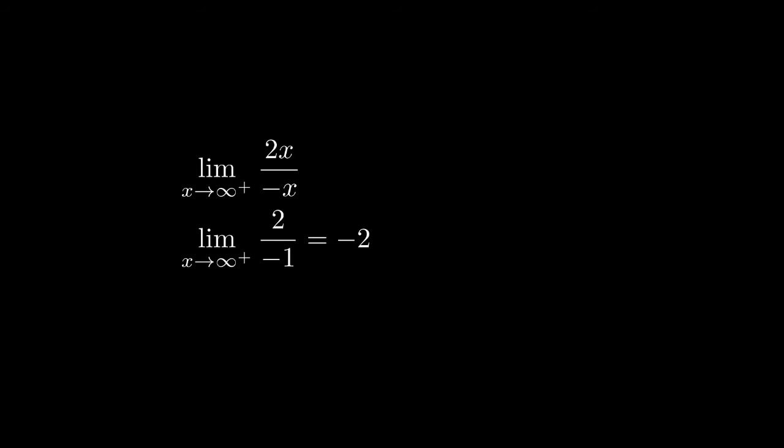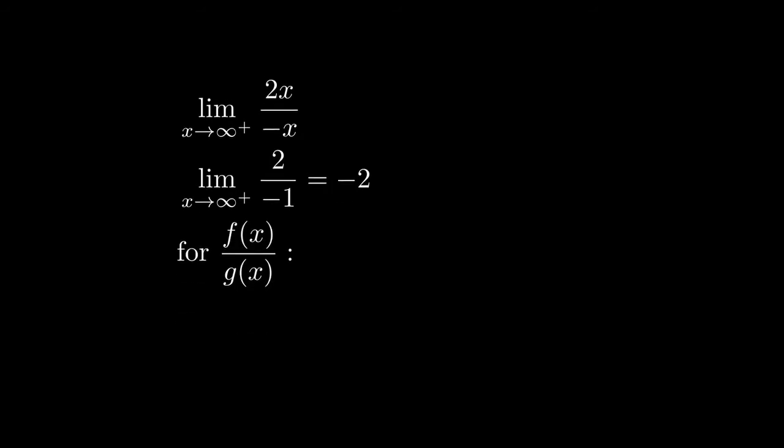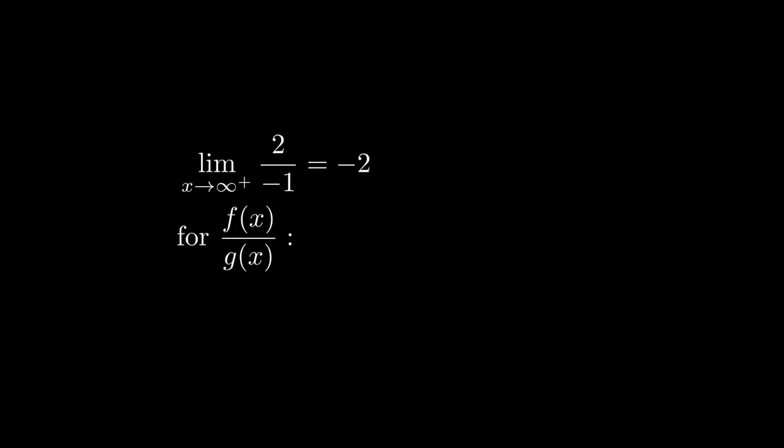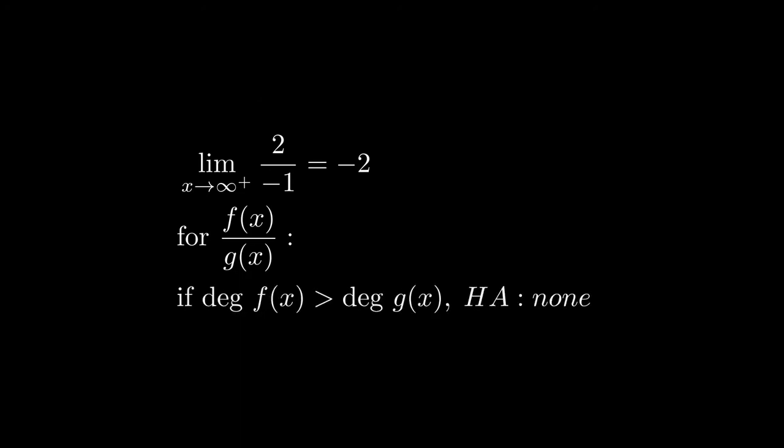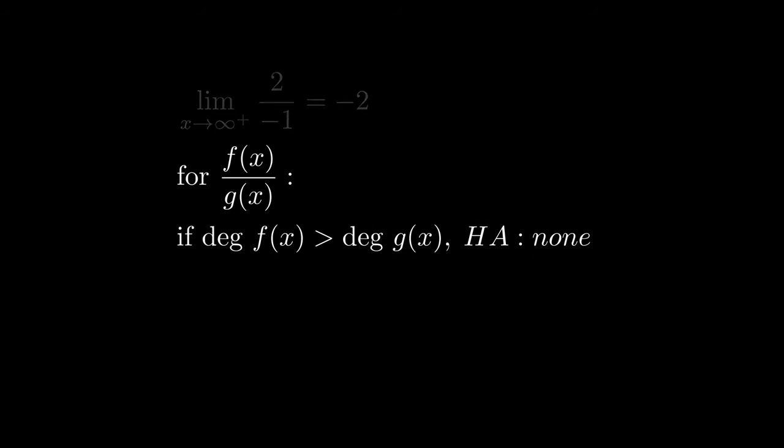It's not too hard to remember. Basically there are three different possibilities. We have the function split up into numerator and denominator. If the degree of the numerator is bigger than the degree of the denominator, there is no horizontal asymptote (HA) in that case.